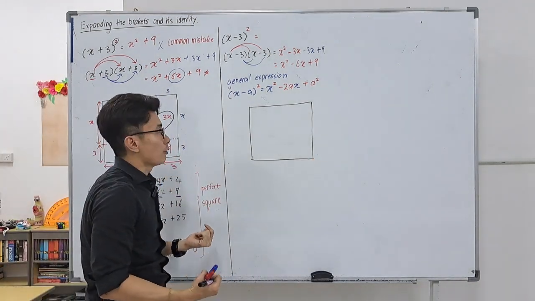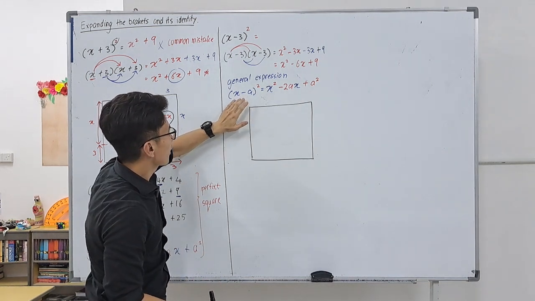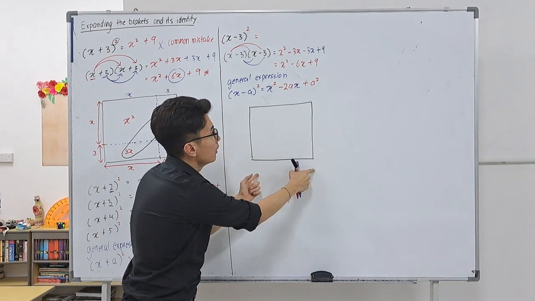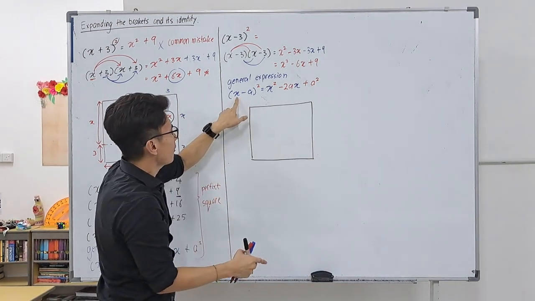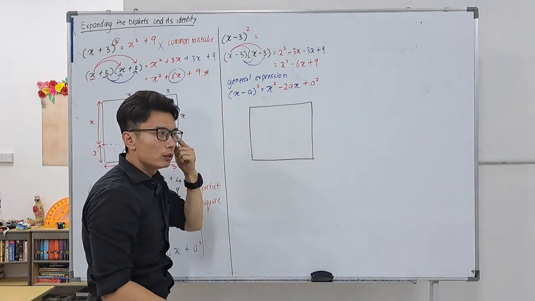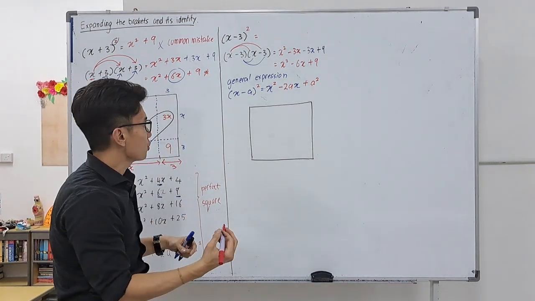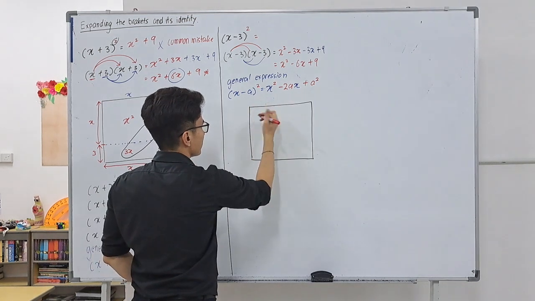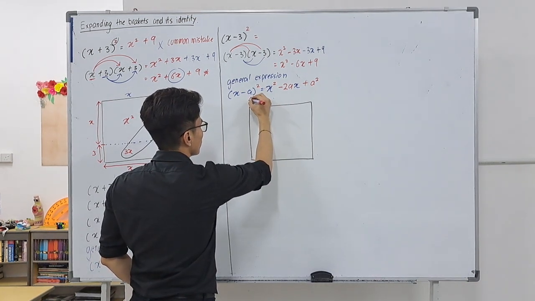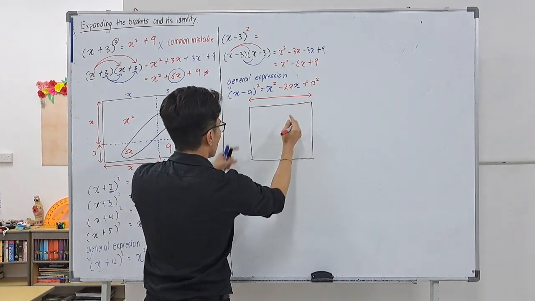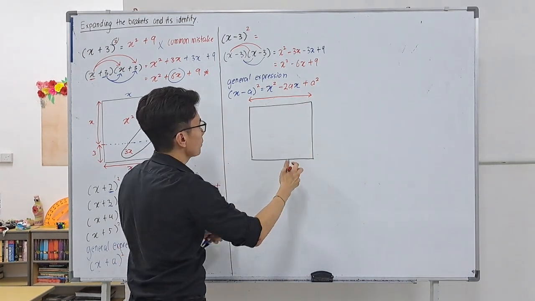So let's put out some information. Because I'm dealing with a square, I want to identify what's my length first, okay? So this guy will tell me, but this time I have x minus a. So where do you think x is, all right? I'm going to show you where x is. x is going to be the whole length over here from top to bottom.